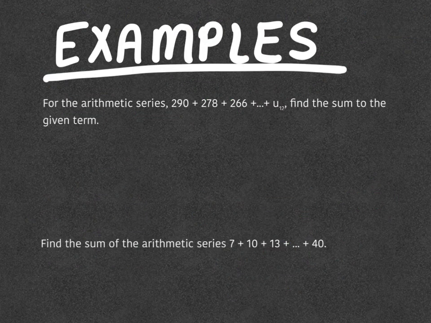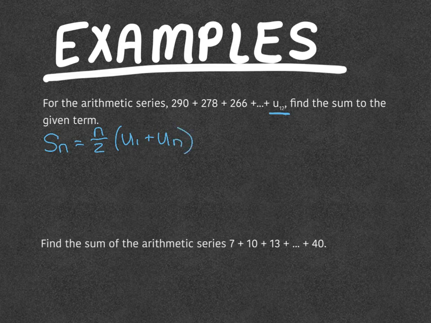So let's do a couple of examples. In this one, we have an arithmetic series, and we want to find the sum to the 12th term. They're given right here. So for our sum formula, we have n over 2 times the first term plus the last term. So right now, we are missing what our last term is.